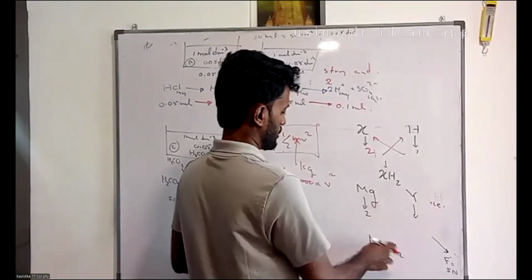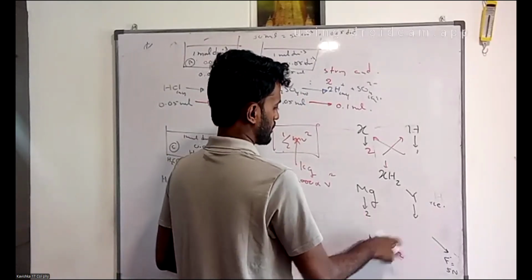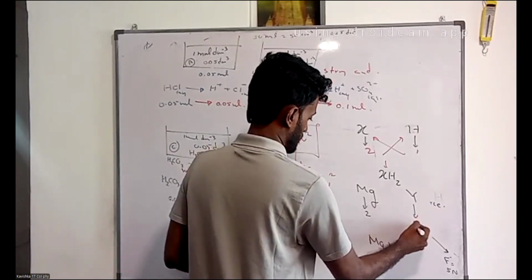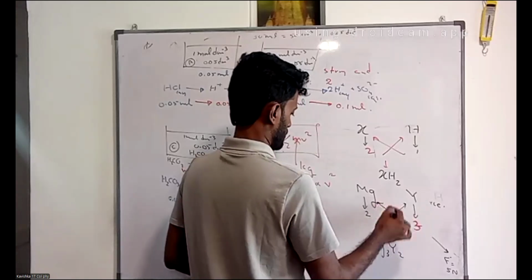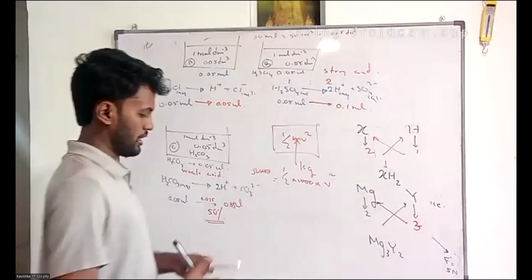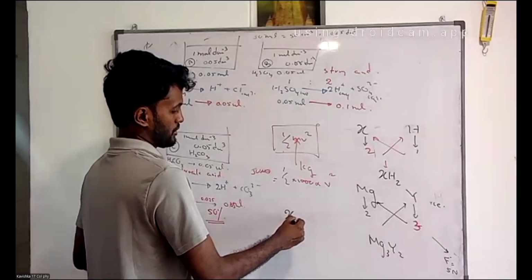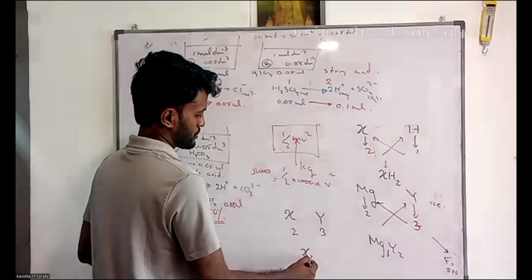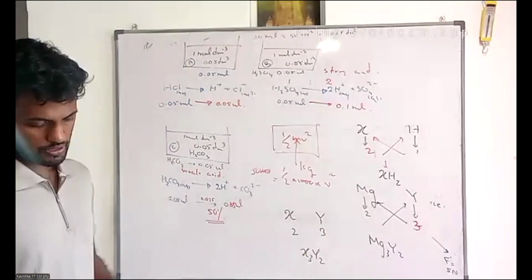So Mg3 Y2 and 2, magnesium 3 comes from Y. So change the number. That's how Mg3 Y2 comes. So the answer is 8. Then X here, X valency 2, Y valency 3, then X3 Y2. The third one is the answer.